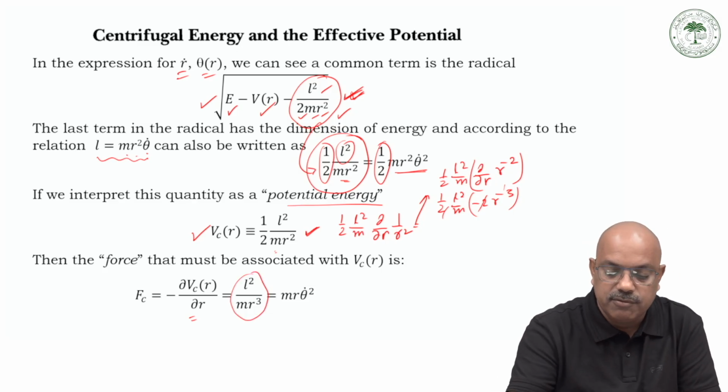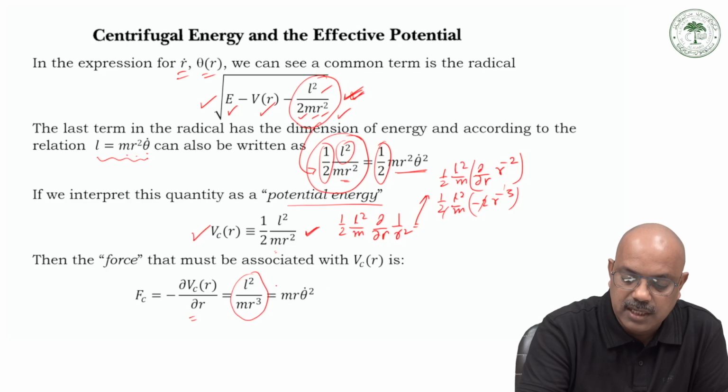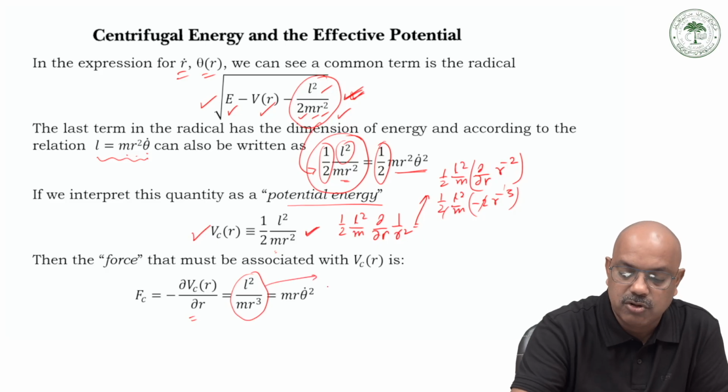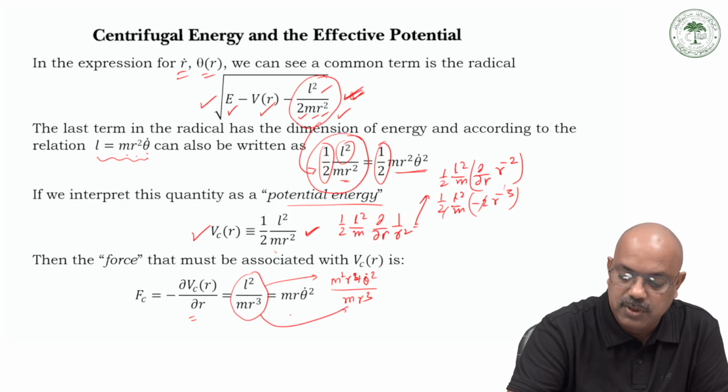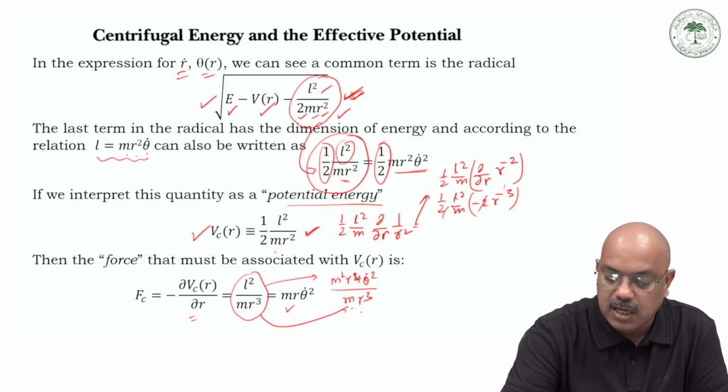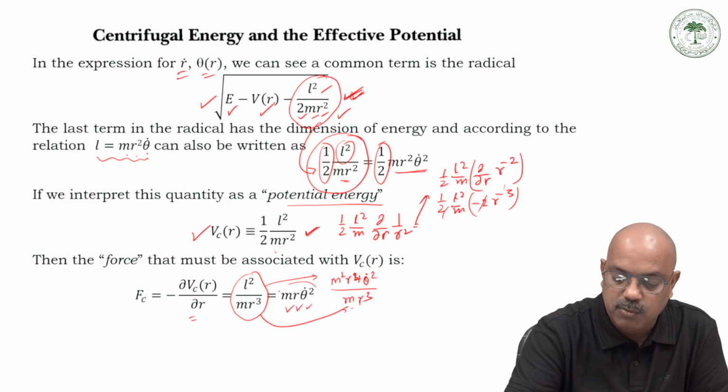If you write L square here, from L this is going to be m square r to the power 4 theta dot square, and you divide it by m r cube. So this is going to be m, and r cube against r to the power 4 leaves r, so m r theta dot square. And what is this thing?